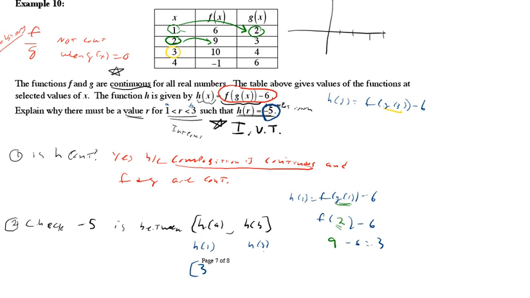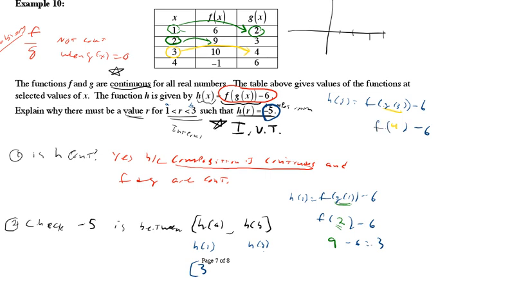G of 3 is 4. So I'm looking for f of 4 minus 6.